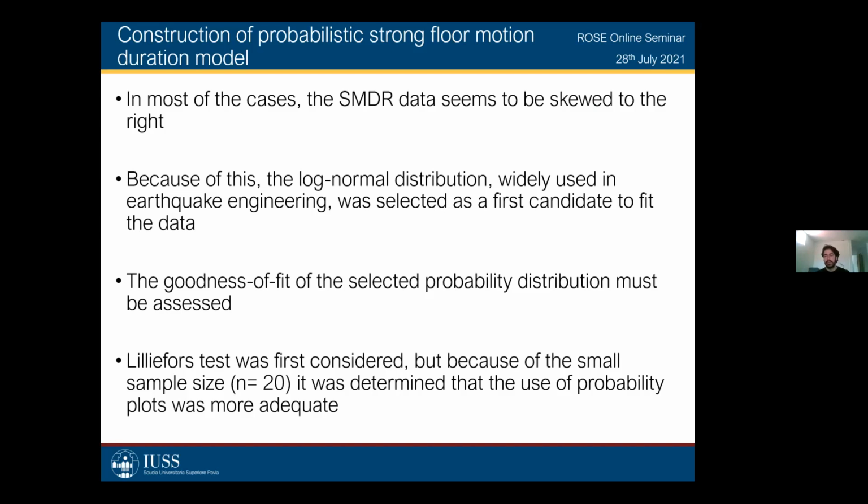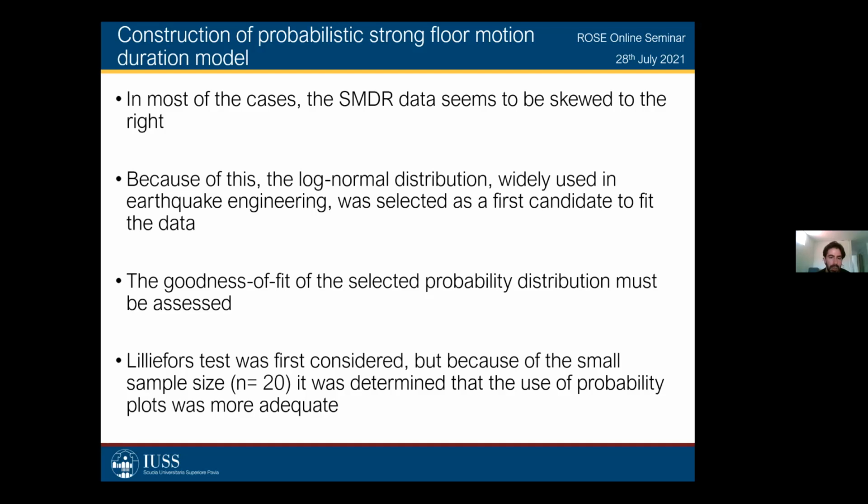So, how to do this? Well, there are several ways of doing this. There's hypothesis testing, there are probability plots. There are a lot of ways in the literature to evaluate the goodness of fit of a probability distribution. The Lilliefors test could be considered, but in this case it was considered not adequate, because the problem with hypothesis testing is that if you have a very small sample size, it's very difficult for the hypothesis test to actually reject the hypothesis.